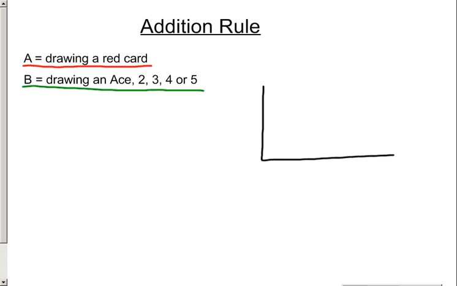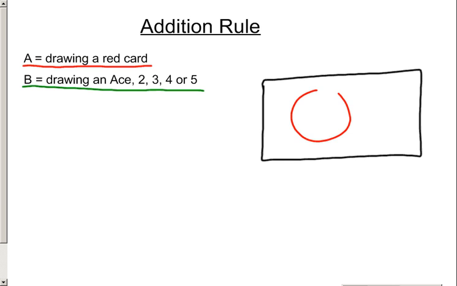So, we're going to draw our sample space, and inside we'll draw A, which is getting a red card, and we'll draw B, which is getting an ace, 2, 3, 4, or 5. Now, to fill in this Venn diagram, we need to think about what we have.